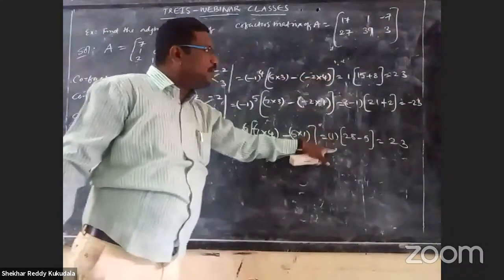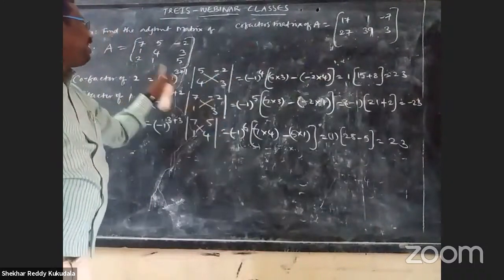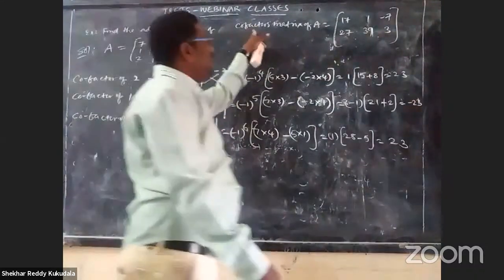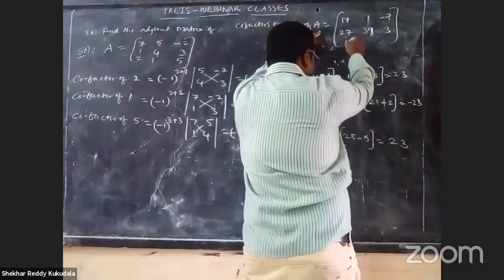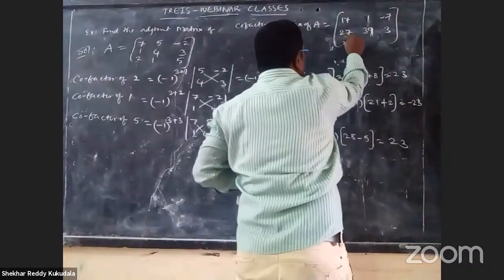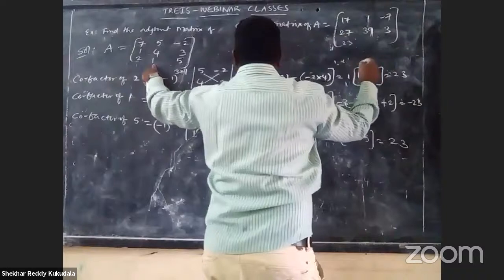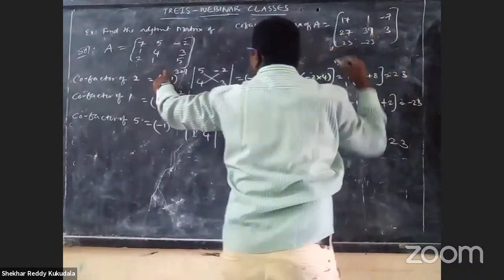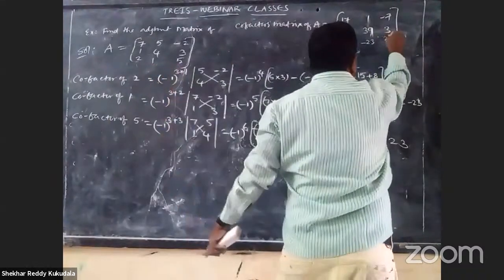Now we have found the cofactors of the last three elements. I am writing here the cofactors matrix of A. The last element's cofactor is 23. Next one, the cofactor is minus 23, and the cofactor of 5 is 3.